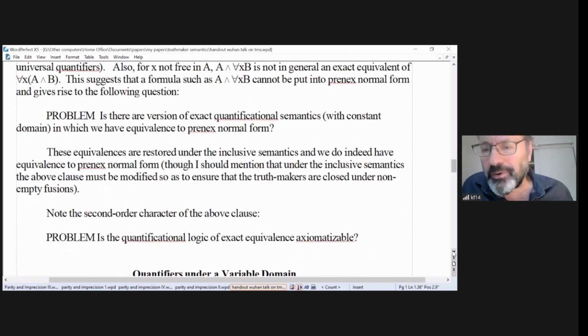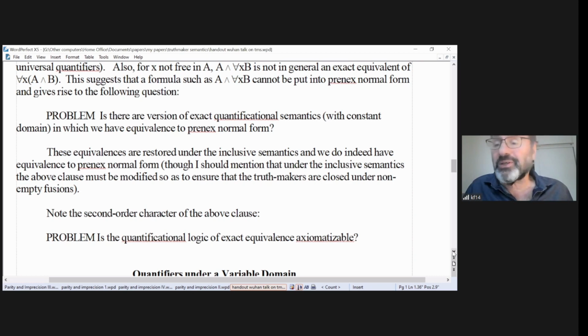Here's another open problem. The clause that I have here for the quantifier is second order. So if I were to translate it into standard classical language, it would be a second order formula, because I'm quantifying over a function. I say there has to be a function taking individuals into truth makers.